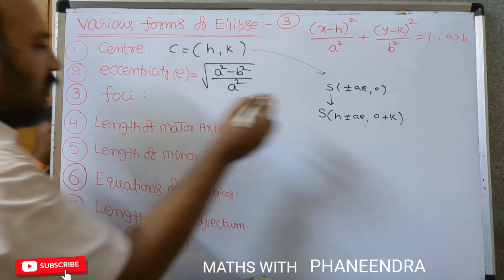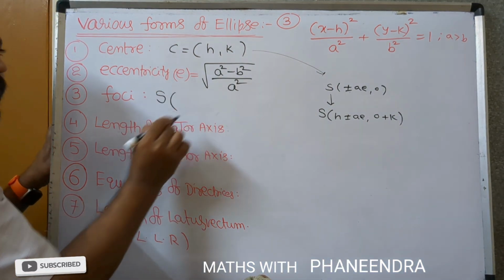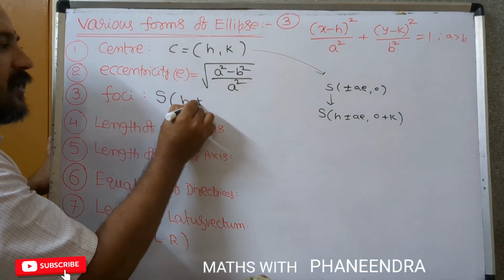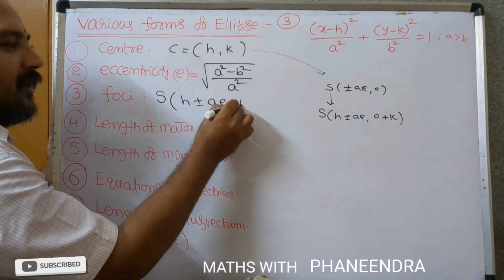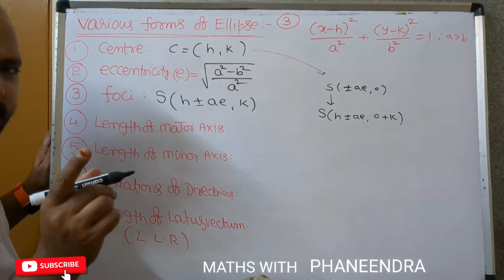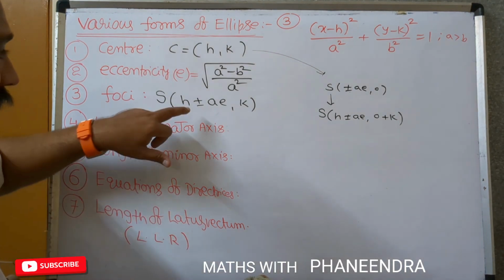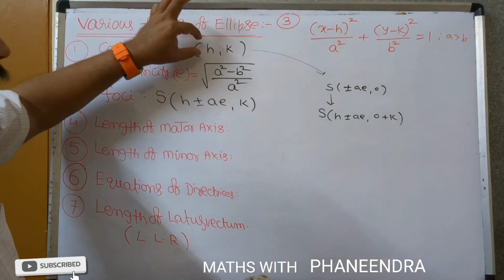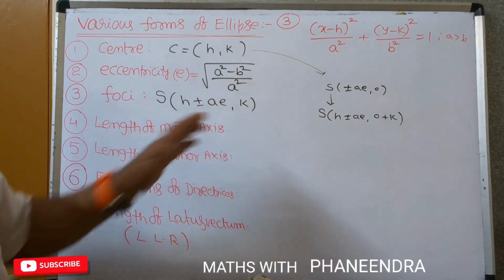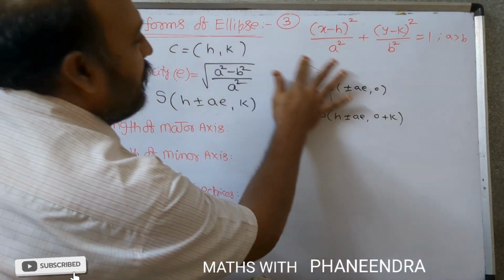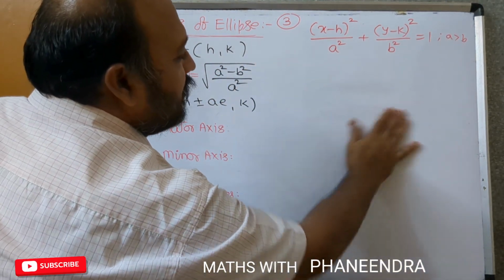So the coordinates of foci are h plus or minus ae comma k. I hope everyone understands the difference, only for equations and coordinates when the center is not at the origin. This is the way you can add.